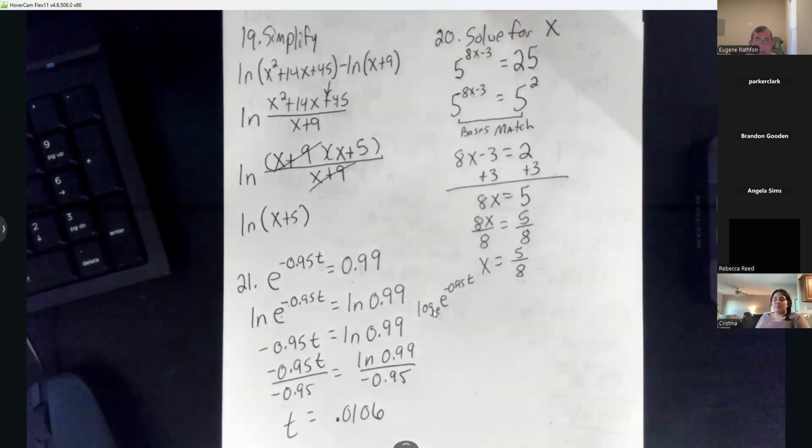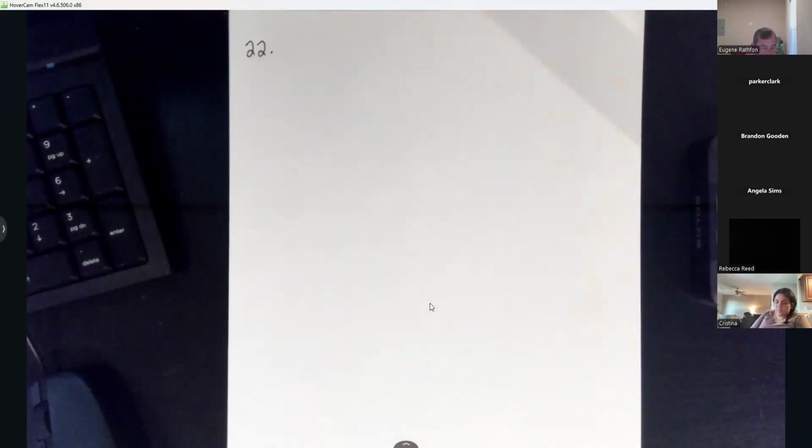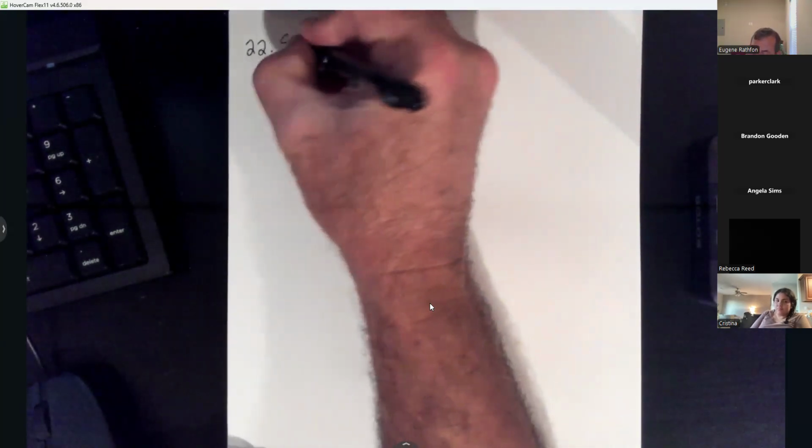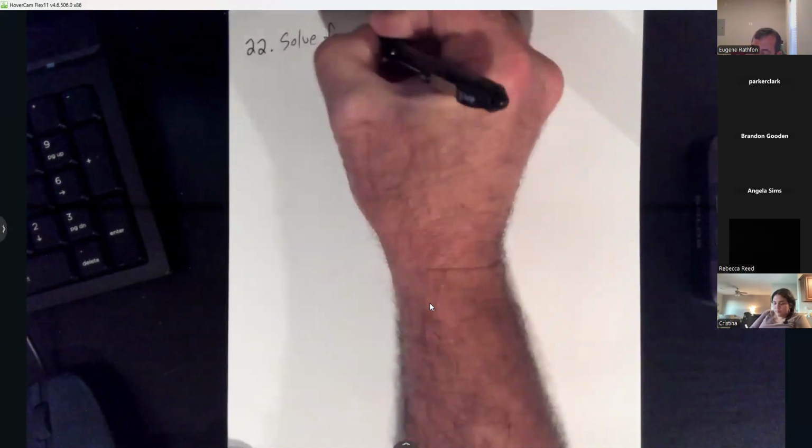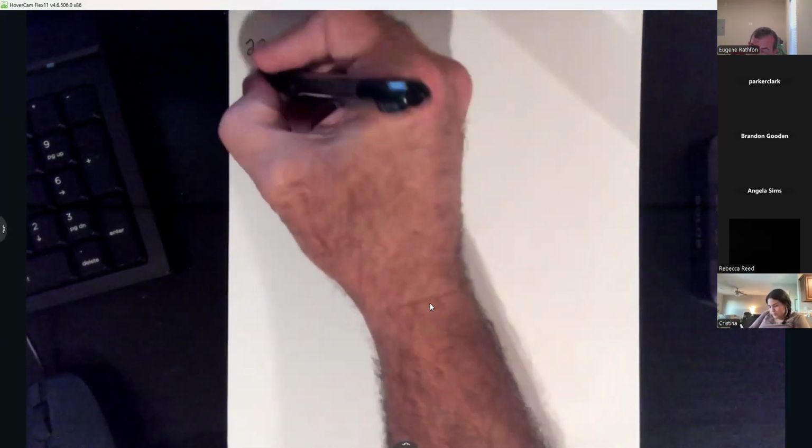All righty, so that's up to 21. Now they're going to get into the logarithmic equations starting on 22. I think they're going to give me 2 logarithmic, and then we'll do the 9.7 stuff, okay? So for 22, solve for x.